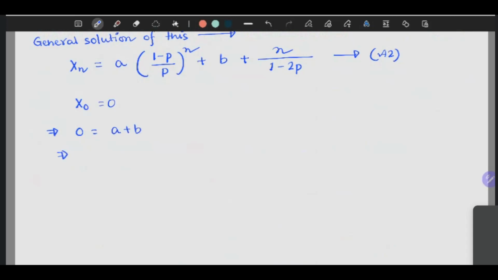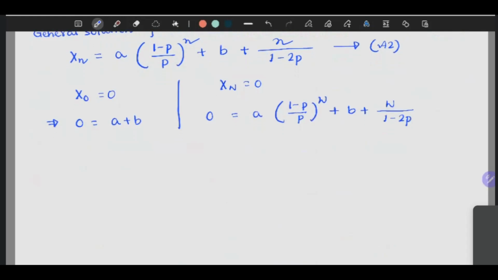And xw is equal to 0, so 0 is equal to a times ((1 minus p) by p) to the power w plus b plus w by (1 minus 2p). So from here you can easily write the equation.